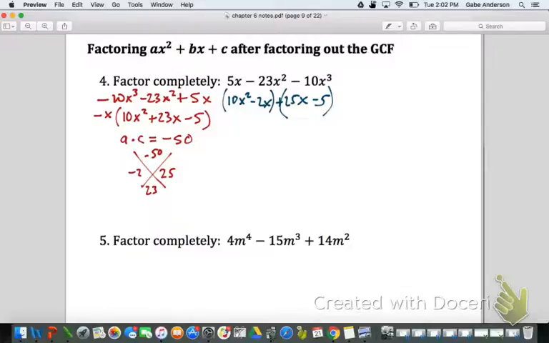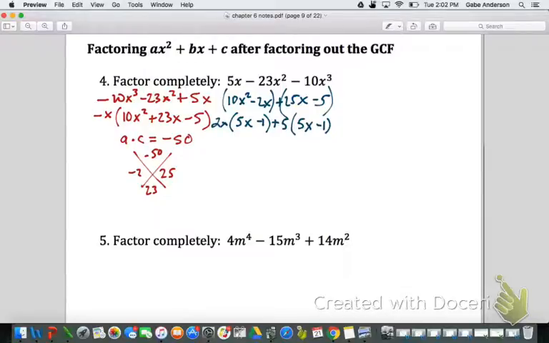I would pull out just a 2, I'd get the 2x out. So that would leave me with 5x minus 1, right? What's the GCF on the second pair? It's 5. Leftovers would be 5x minus 1.